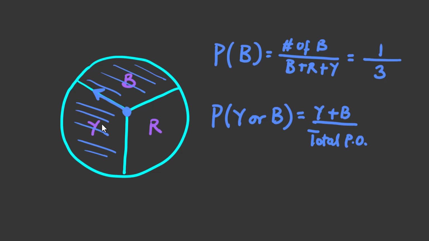Therefore, we have Y to be just 1 plus 1 for B, divided by our total possible outcomes, which is 3. Therefore, our value is 2/3. This means that when you're spinning the wheel, you can only land on either Y or blue, not both of them at the same time in one spin. So that is one thing to keep in mind with this type of scenario.